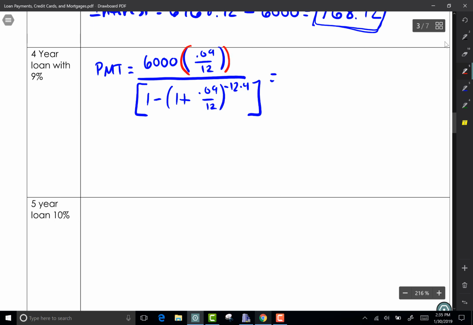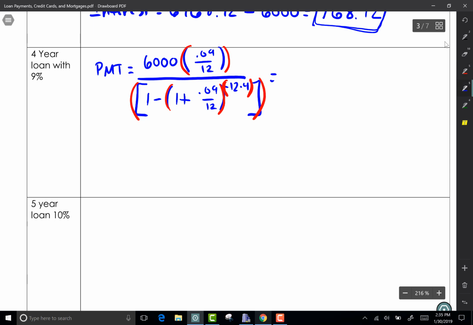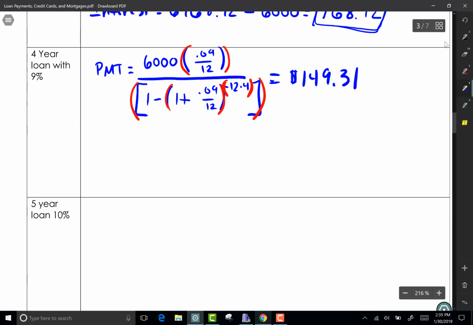Now this is where I need to put my parentheses. I'll highlight it. And then for the older versions, make sure you put parentheses around the exponent. And when you put that in on the calculator, you should have a monthly payment of $149.31. So there's our monthly payment.